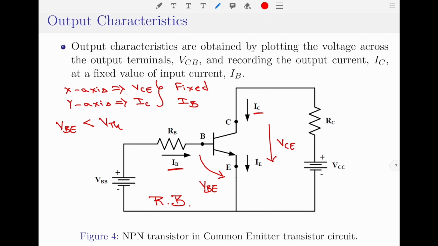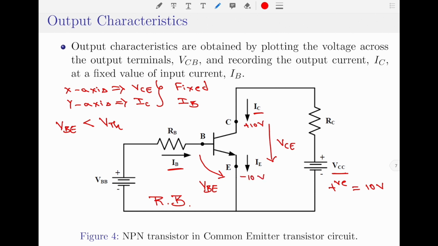Coming to the output loop, that is between collector and emitter, let us assume VCC is positive and is equal to 10 volt. Under this condition, the collector will be at plus 10 volt potential and emitter will be at minus 10 volt potential.